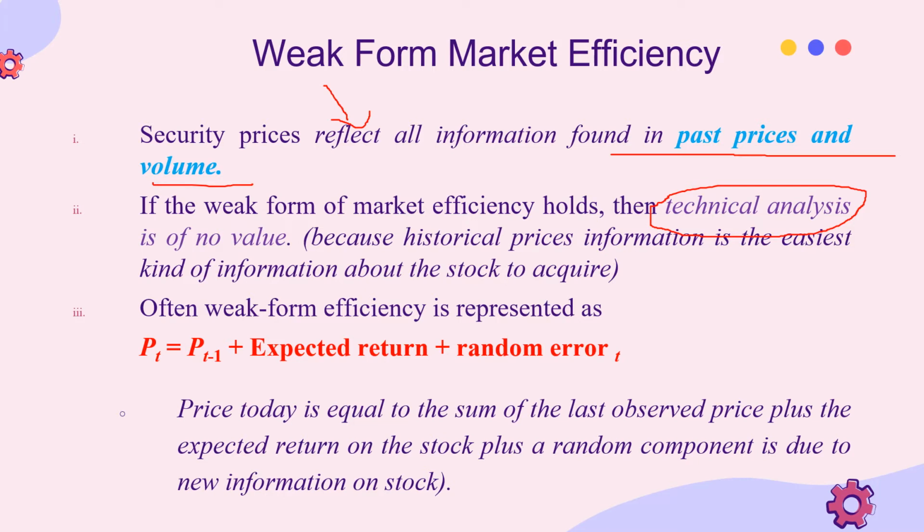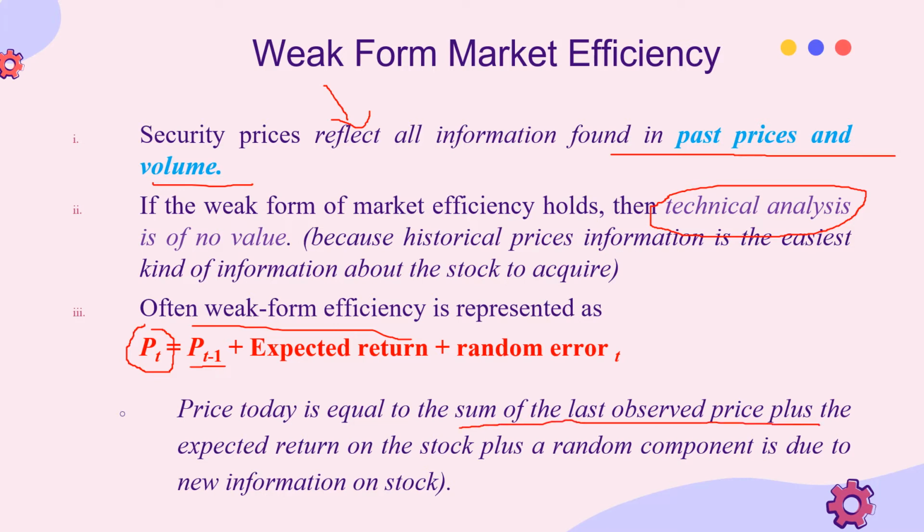So often weak form efficiency will be represented as Pt equals Pt-1, which is harga hari ni equal to harga kemarin. Pt-1 means the price, the last observed price.